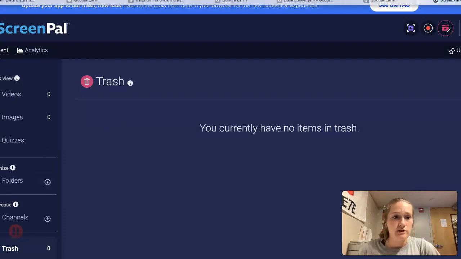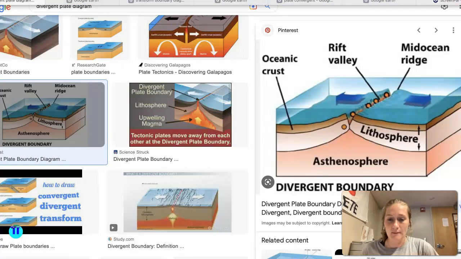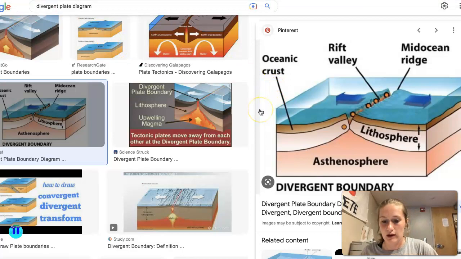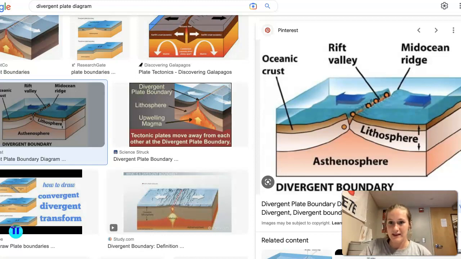So the first type of movement is a divergent boundary or a plate divergence. And as you can see by the diagram, a divergent plate boundary is when two plates just move away from each other, and it causes a rift or a tear within a major plate.